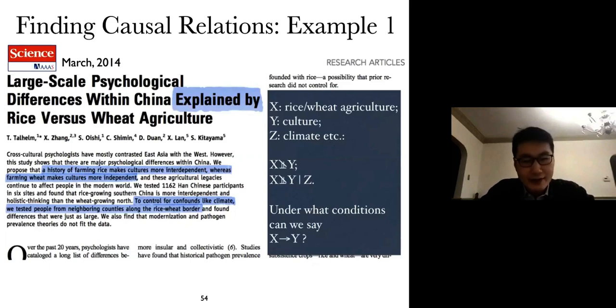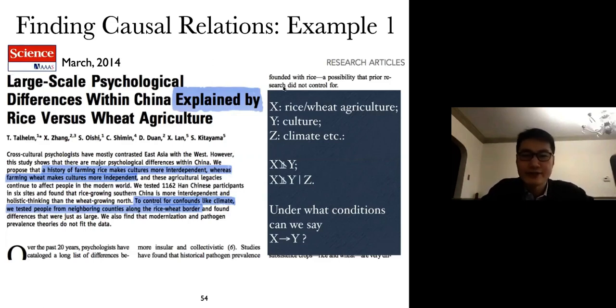You cannot really force people to change their agriculture. And second of all, even if you can do intervention, you have to wait a really long time to see the effect. That means it's not practical. In many cases, it's not practical, in many cases it's impossible. So you have to discover the causal relations by analyzing observational data, or by doing data analysis, or by doing machine learning.